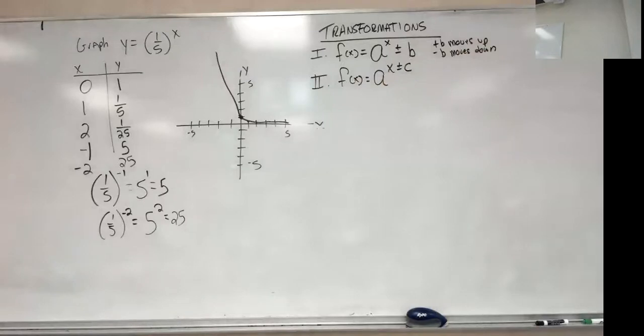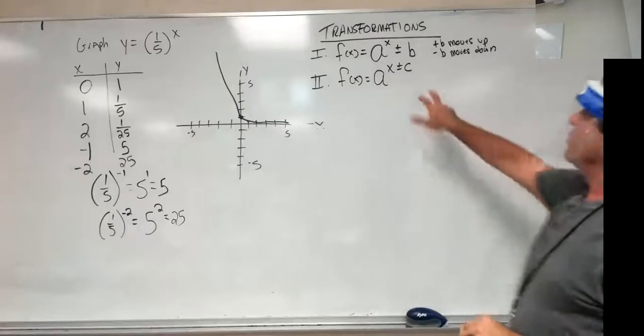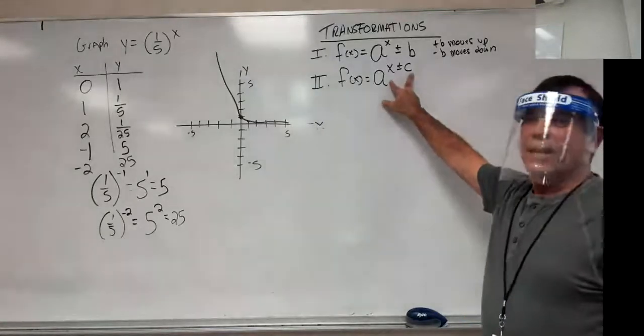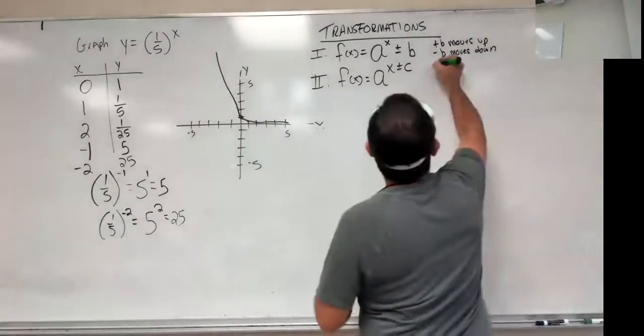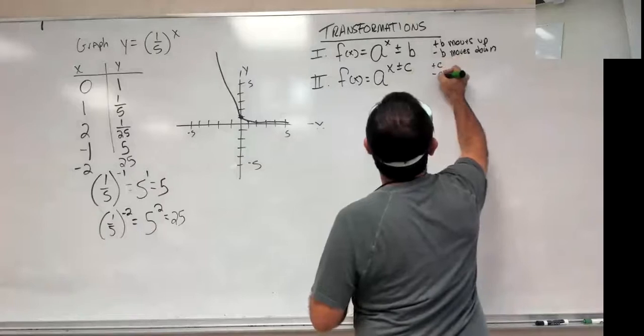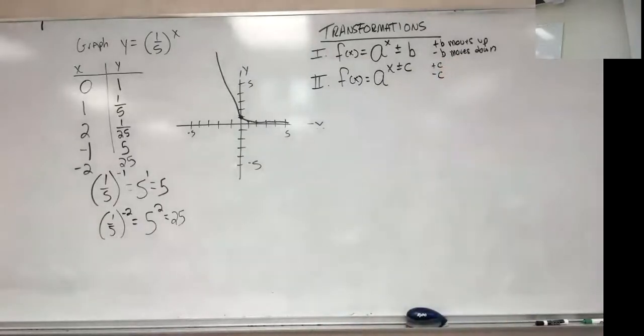Now I'm attacking the exponent, which is the variable. And anytime I attack the variables with a number, that's going to move me left or right. This would be similar to the x's y'all had in parentheses. So if the c is positive, it's actually going to move my graph to the left.